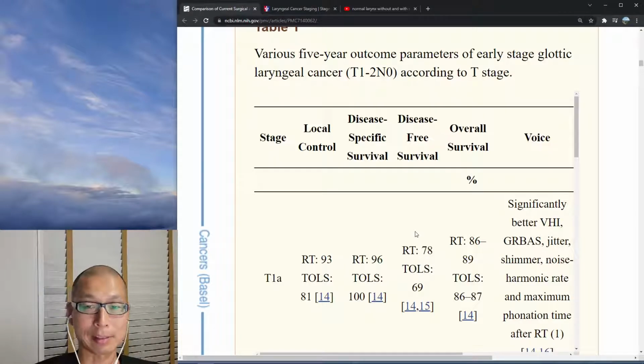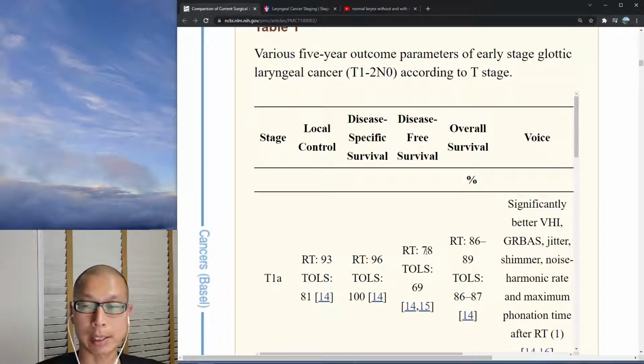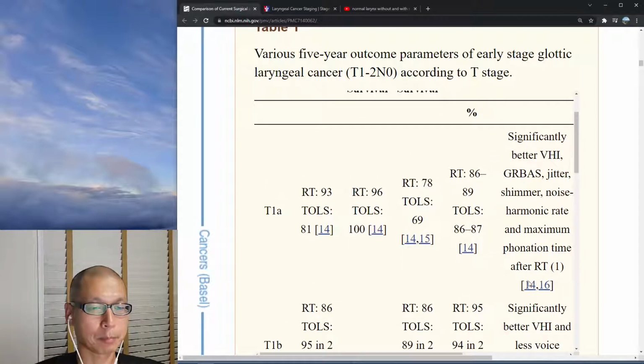One is laser surgery, where you shoot a laser down from the top here and cut out the cancer. The other is radiation therapy, where you go every day, 5 days a week for 6 weeks, and they give a little bit of radiation, focused right down on the cancer in the vocal cord.